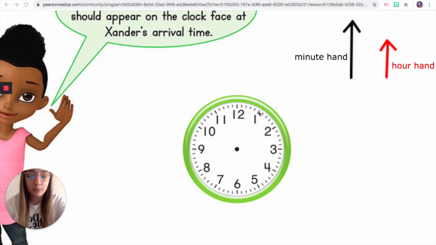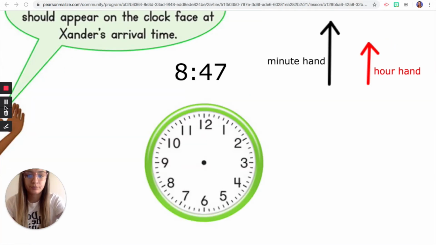The next thing that we need to know is that we have a minute hand, which is going to be the bigger one. While I'm showing you examples, I'm going to keep it black. And we also have an hour hand that is the shorter hand or the shorter arrow, which, for the examples, I'm going to keep red. Okay, so our problem said that the flight is supposed to land at 8:47.